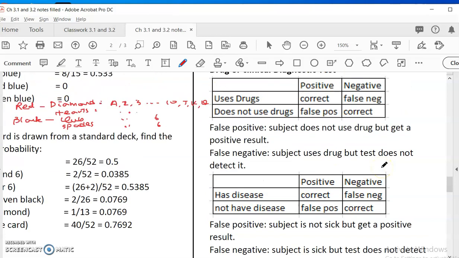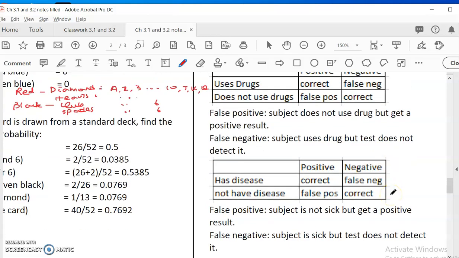In COVID, so this would be a COVID test, right? You can get a positive result back, and if you do have the disease, you do have COVID, that is a correct diagnostic. But if you don't have the disease, you just have a positive result, it's like a false alarm. So that's called a false positive.